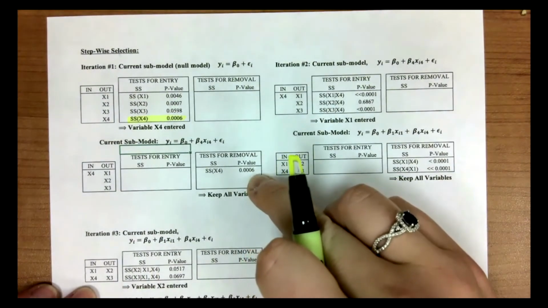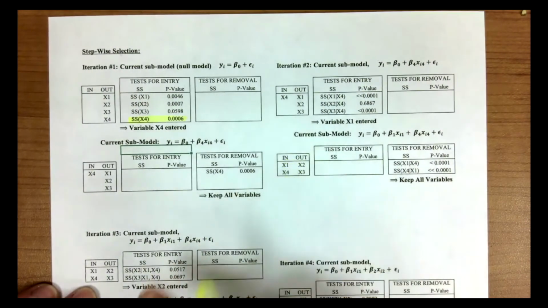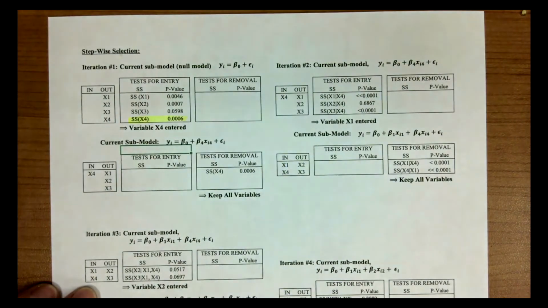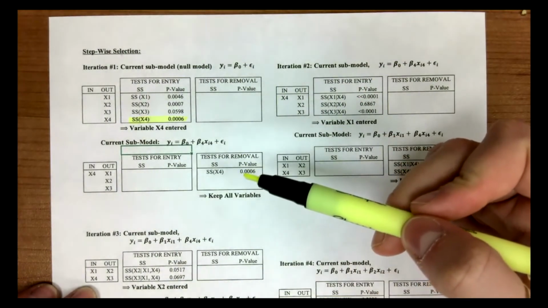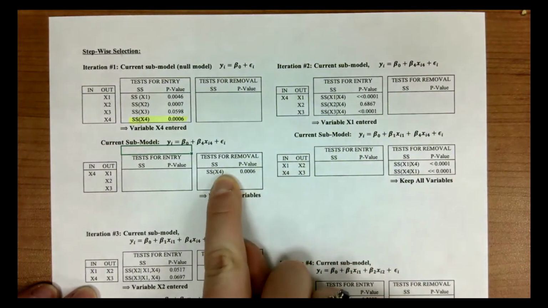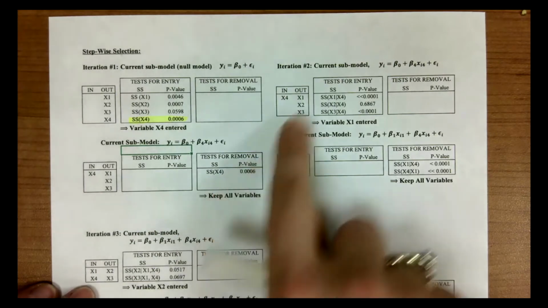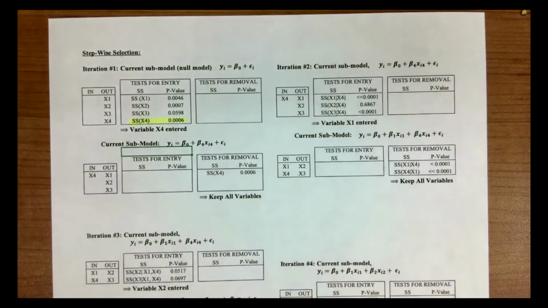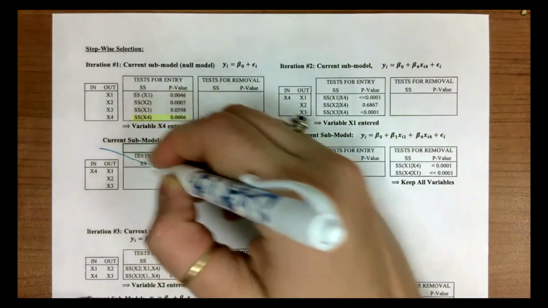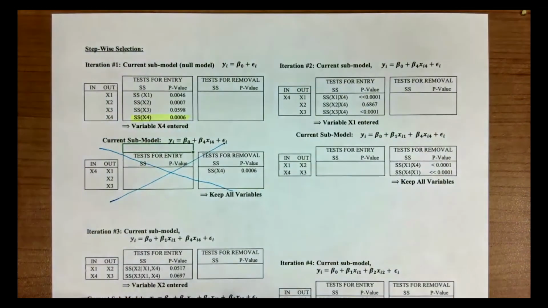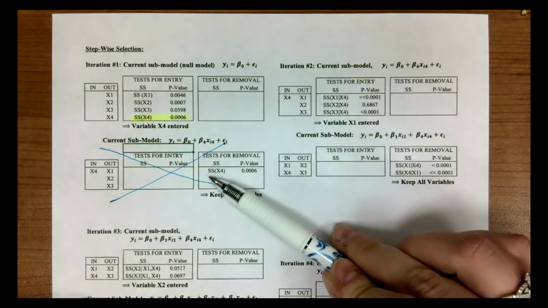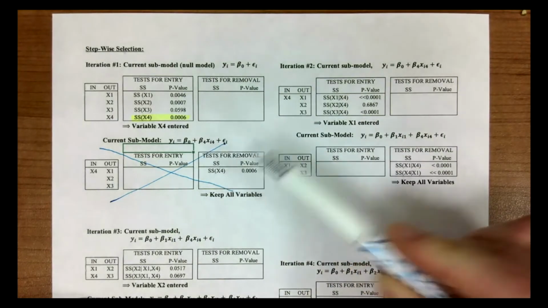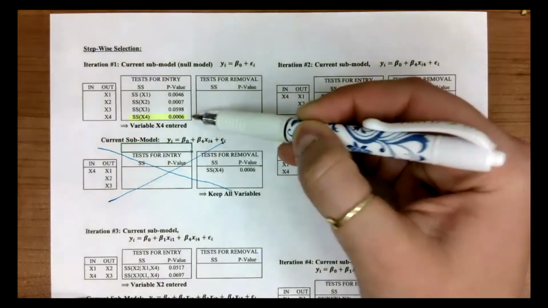Now, when you get here, this is going to be a little bit similar to backward. Given that x4 has entered the model, do we need this x4? Because this is the first step, this check step really doesn't make sense, but it's still there for completeness of notes. We just added it, so of course, this and this would be the same.